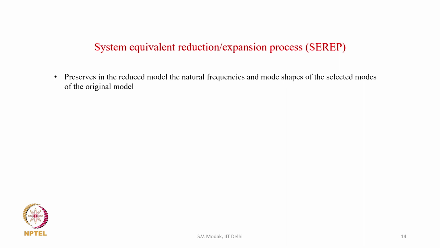And so, this preserves in the reduced model the natural frequencies and mode shapes of the selected modes of the original model. Let us consider the equation of motion for the free vibration of an undamped system, M x double dot plus K x equal to 0.